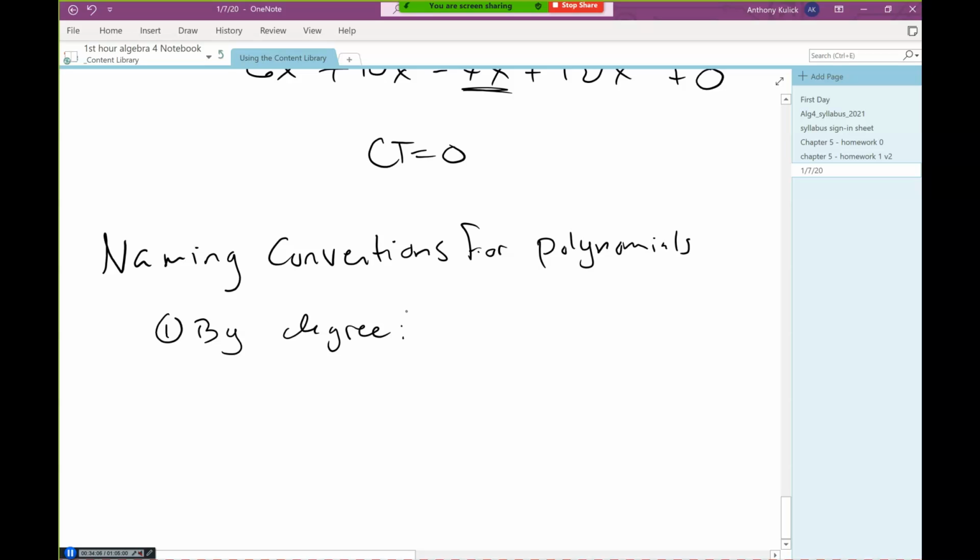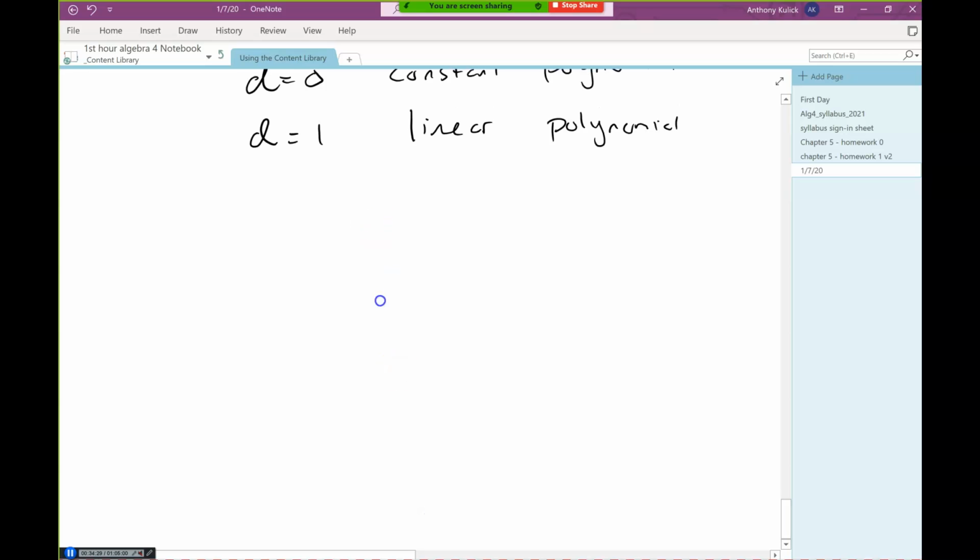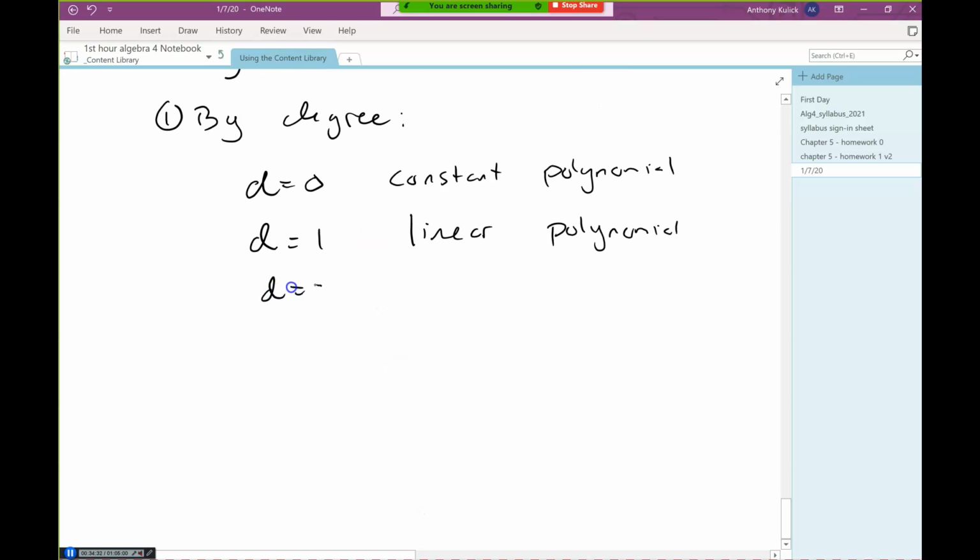So one way we can name polynomials is by the degree. If the degree for the polynomial is 0, we call that a constant polynomial. If the degree is 1, we call it a linear polynomial. If the degree is 2, we call it quadratic.